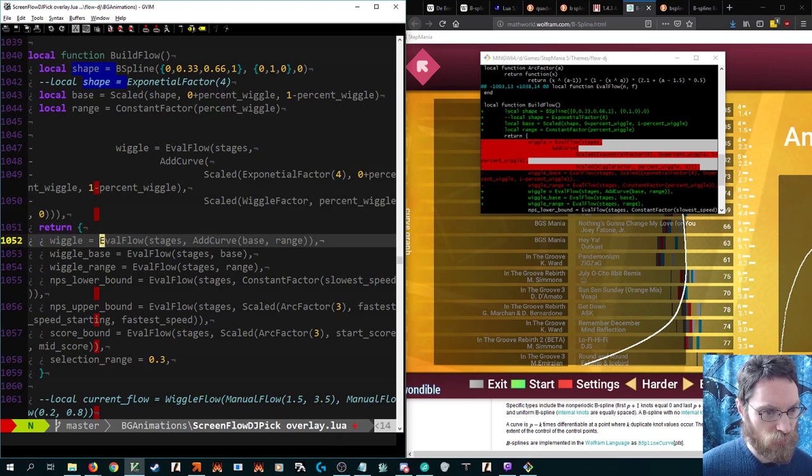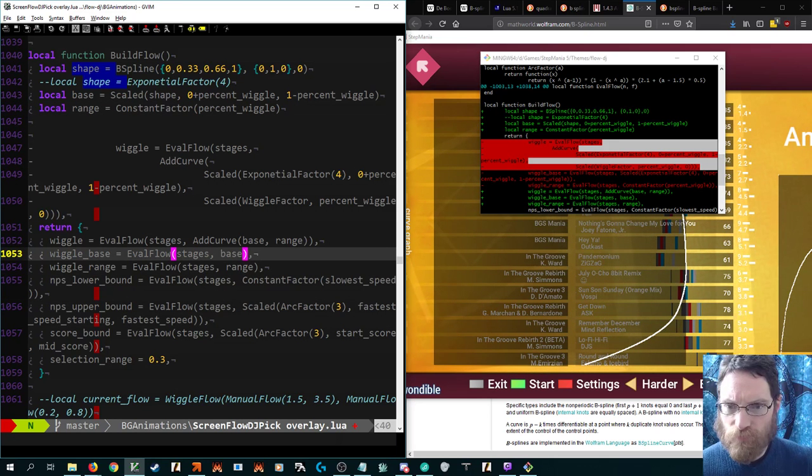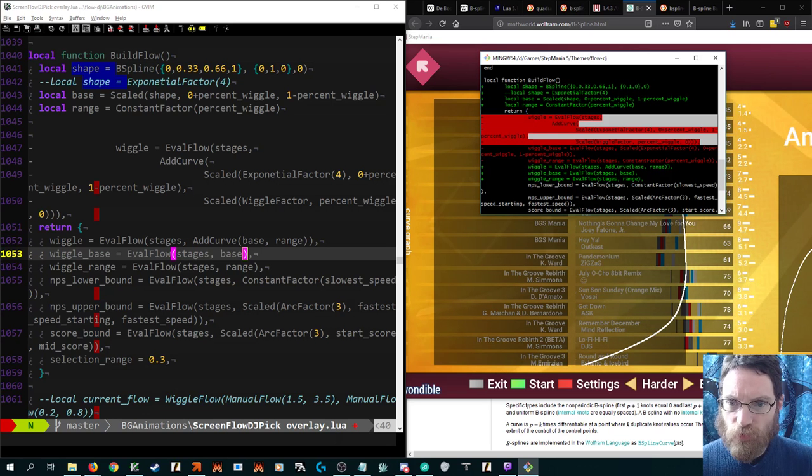So this has to be, so wiggle base is just... Maybe these aren't at all comparable. Scaled exponential factor, scaled exponential factor. Okay, so that's the same. But that is a constant factor versus a scaled wiggle.